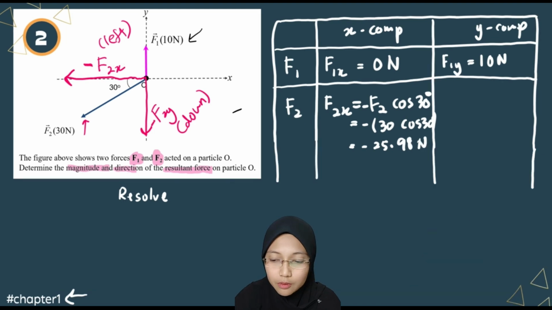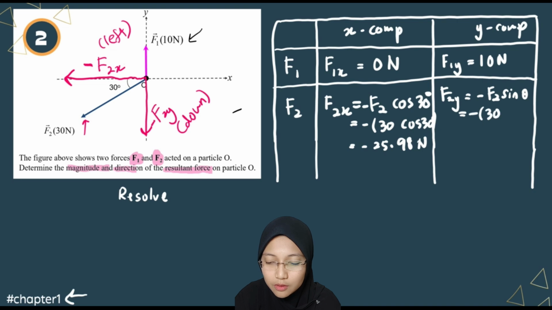Next, for F2y, the equation is negative F2 sine theta. So when we substitute the values, it's negative 30 sine 30. Then you'll have your F2y is negative 15 Newton.